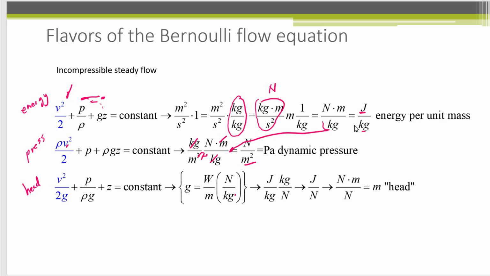So we know that v squared over 2 is this component here in terms of units. So this is the v squared, and then we can take the kilogram per newton dividing by this term and ending up with this. You can see that the kilograms will cancel and we'll end up with joules per Newton. That's the same as Newton meter per Newton, and we get another cancellation and we're left with meters.